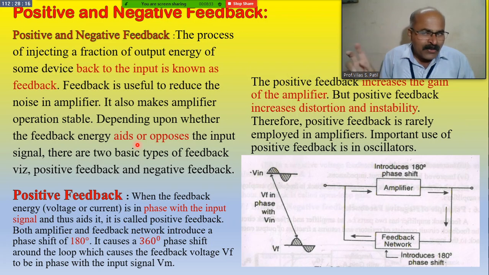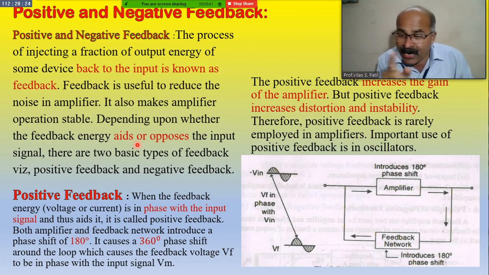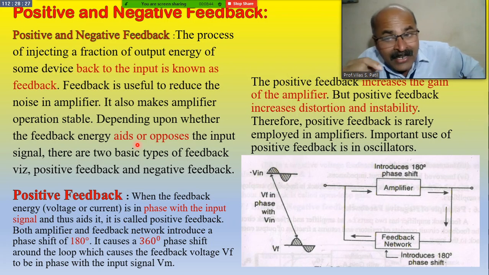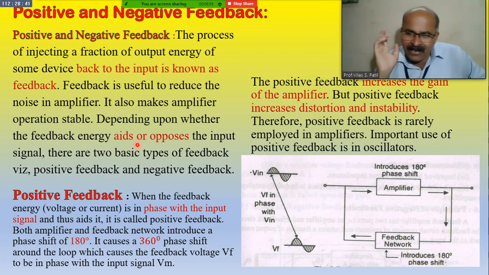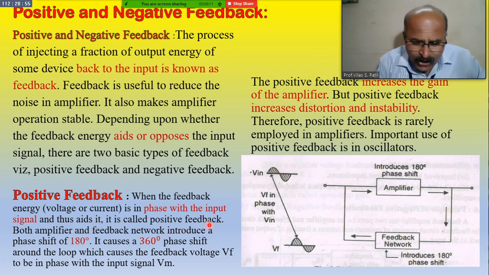Feedback is the process in which some fraction of the output is given to the input. If that is supportive, aiding, additive, it is positive feedback. And if it is opposing, opposite in direction, it is negative feedback. See here, positive feedback: when the feedback energy, which may be in the form of voltage or current, is in phase with the input signal and thus aids it, it is called positive feedback.